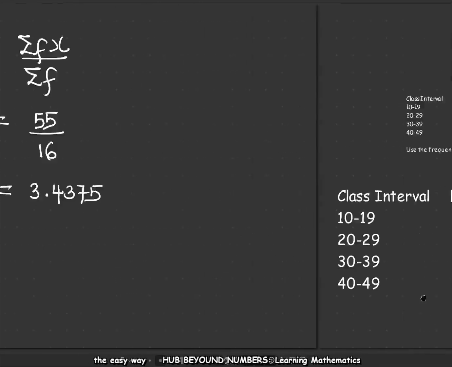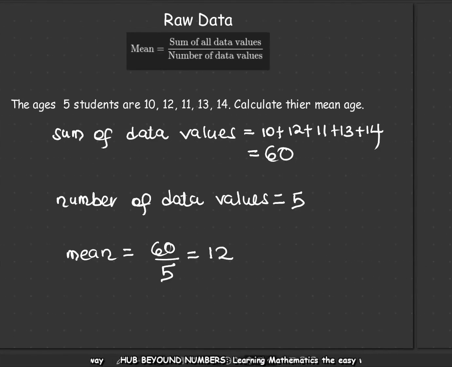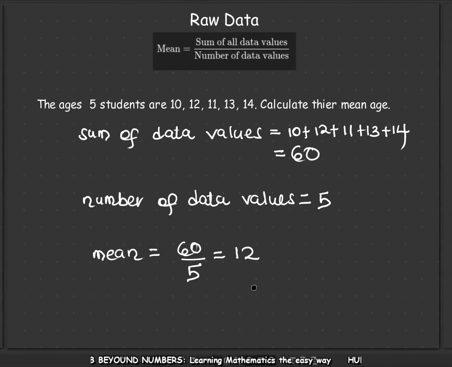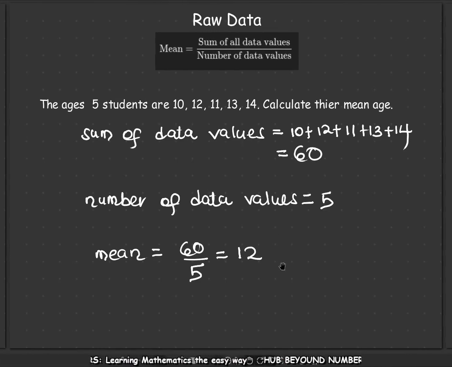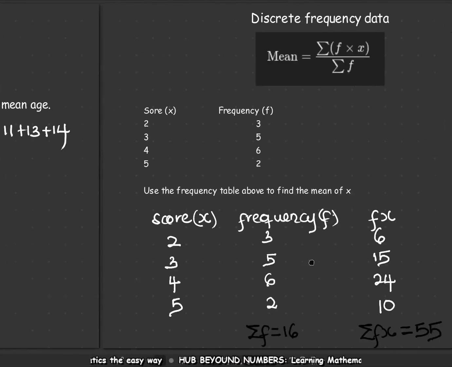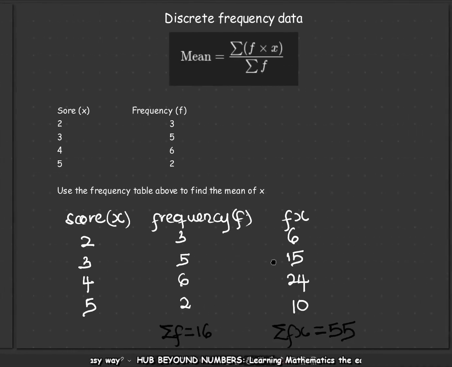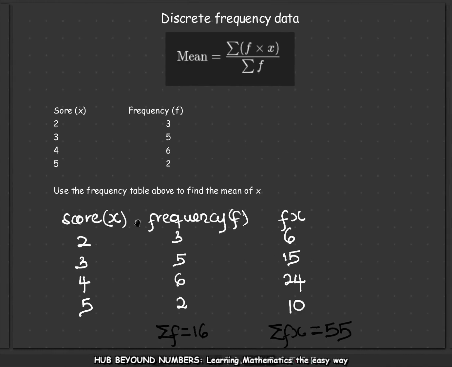We have looked at what the mean is, and we have looked at the 3 ways we can solve our mean. When you are given a raw data, you just find the sum of the values, divide it by the what? Number of data values. If you have a discrete frequency data, all you need is your sum of fx. How do you get your fx?